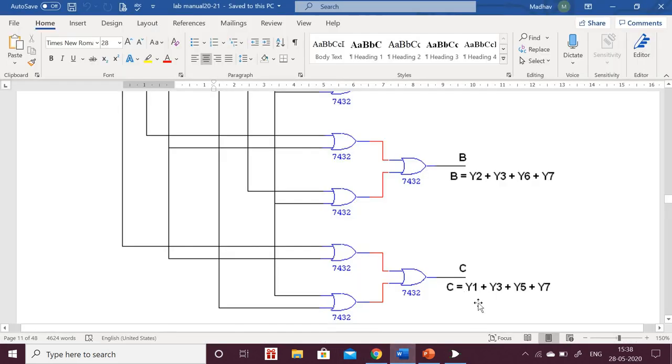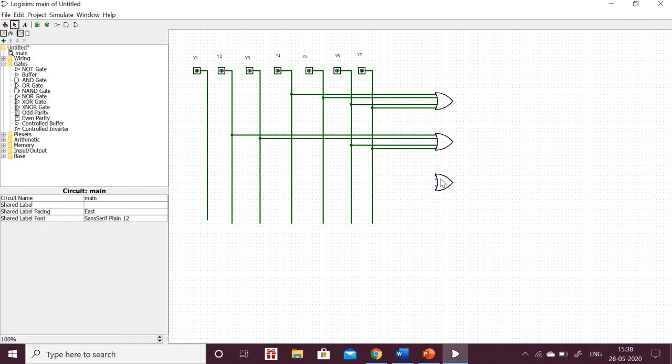And for C, y1, y3, y5, y7. So corresponding to each OR gate we have 3 outputs.